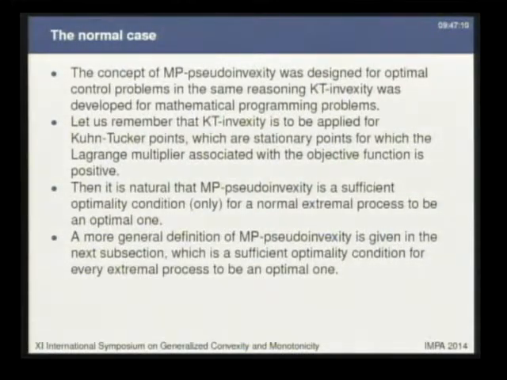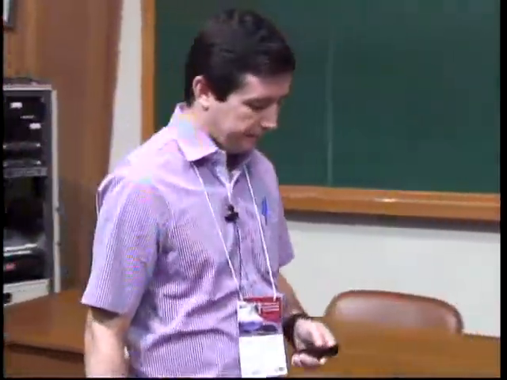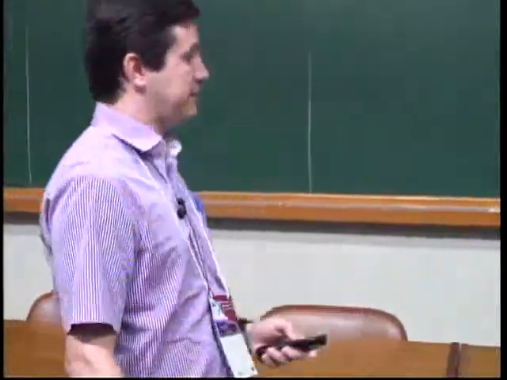Then it's natural that MP pseudo-invex is a sufficient optimality condition only for a normal extremal process to be an optimal one. So I will present this definition for normal problems. The second definition, which involves the multipliers, is very similar to the definition Geraldo presented. So I will only show you this first definition, which is more suitable for normal problems.